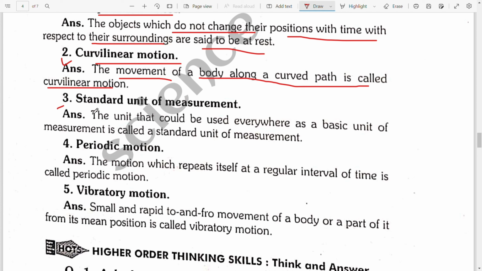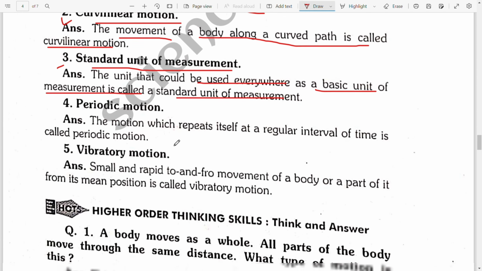Third, standard unit of measurement. You have to define the standard unit. The unit that can be used everywhere as the basic unit of measurement is called the standard unit of measurement. Fourth, periodic motion.